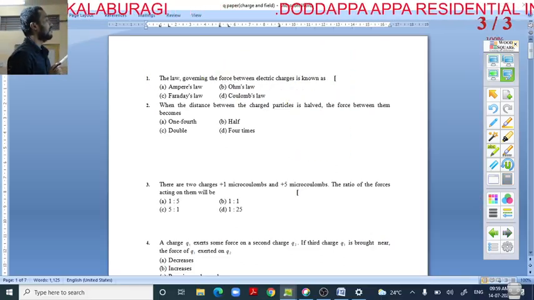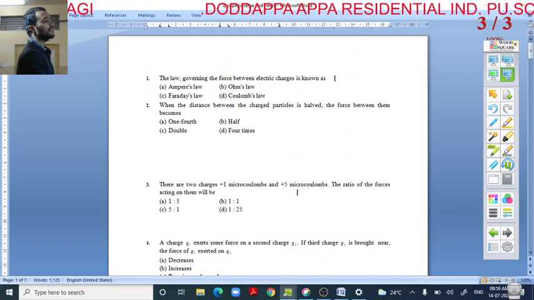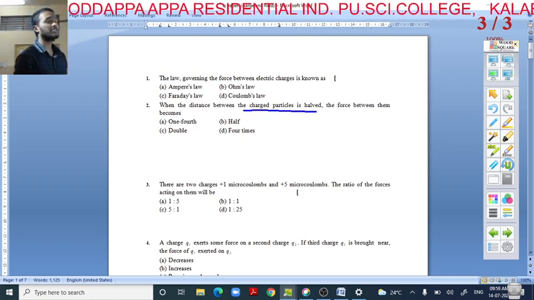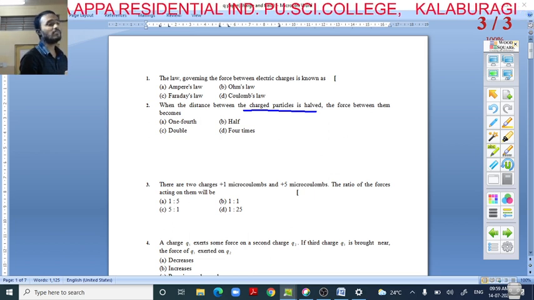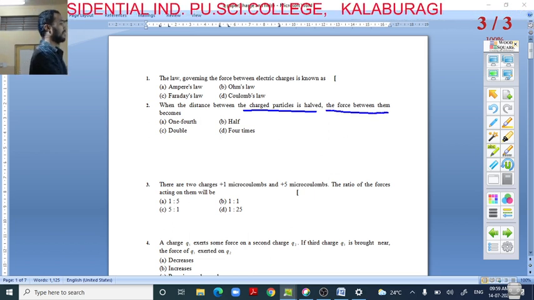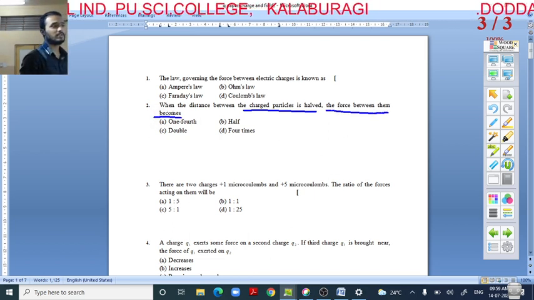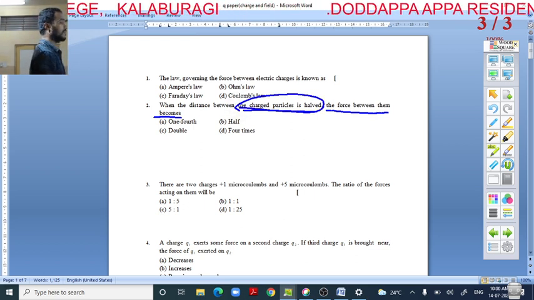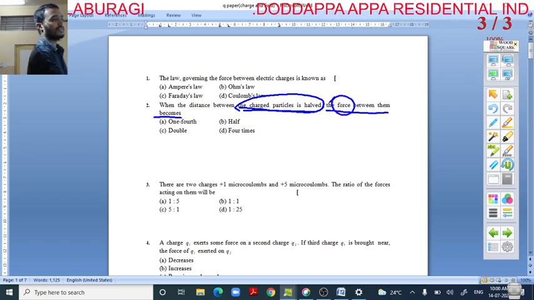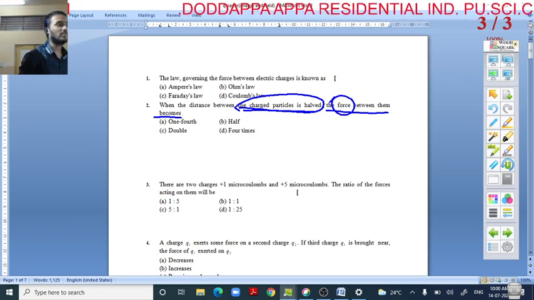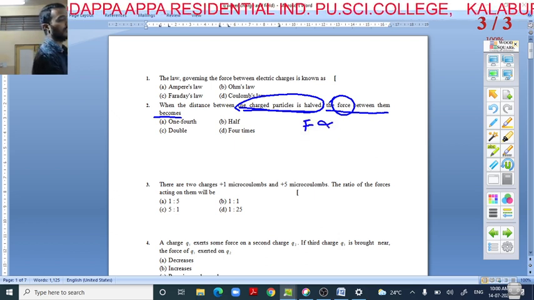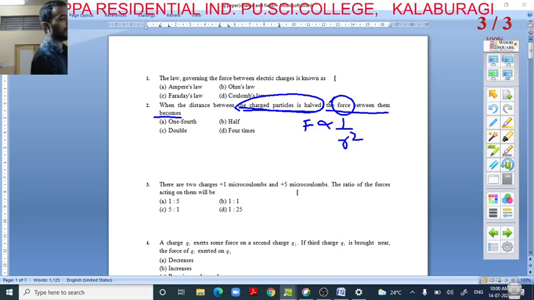Next question. When the distance between the charged particles is halved, the force between them becomes. Regarding the distance of the charge and force, he has given the question. What is the relation between force and distance? That is inversely proportional.